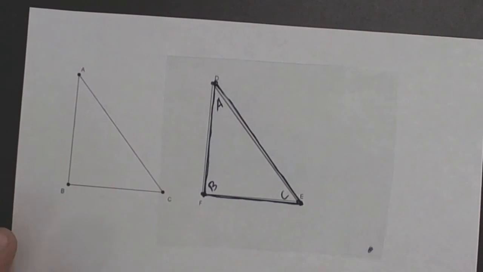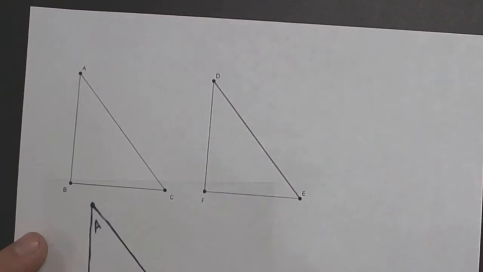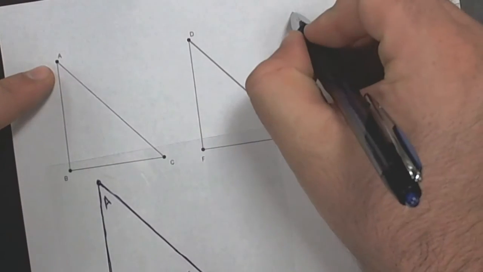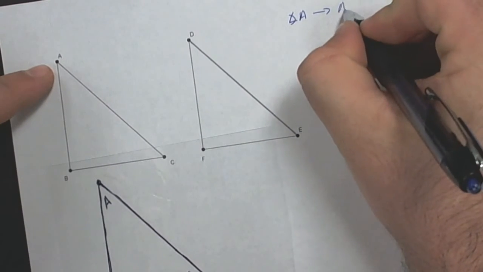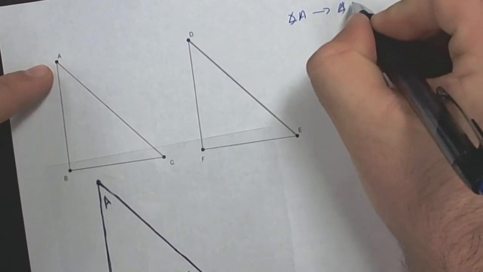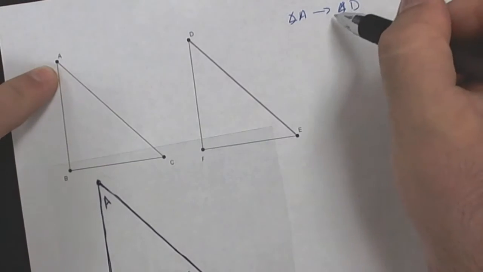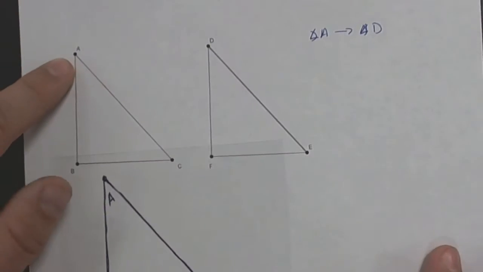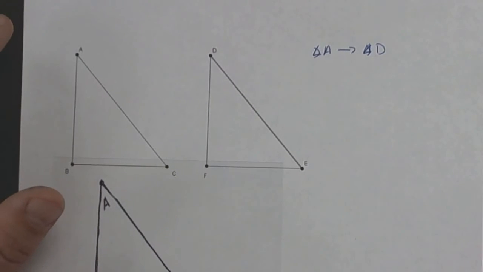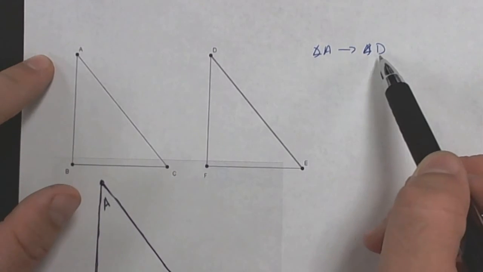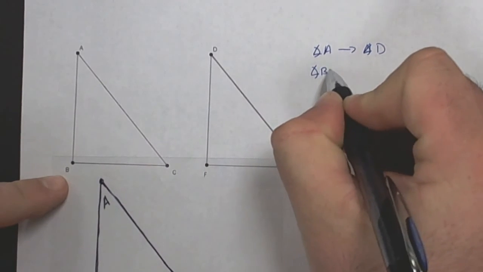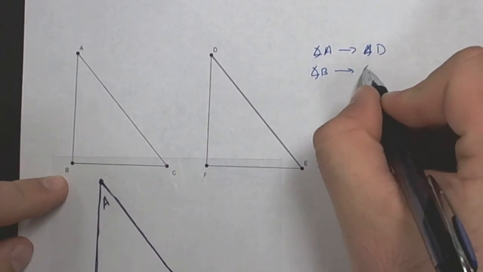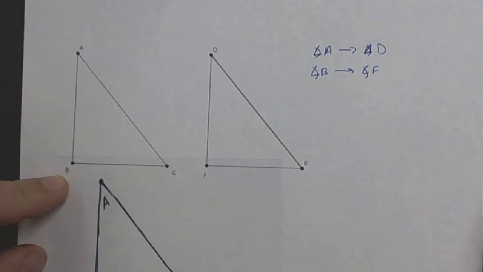So if I wanted to list the parts that are corresponding, I would say angle A is corresponding to angle D. Angle A and angle D are corresponding. Angle B and angle F are corresponding.